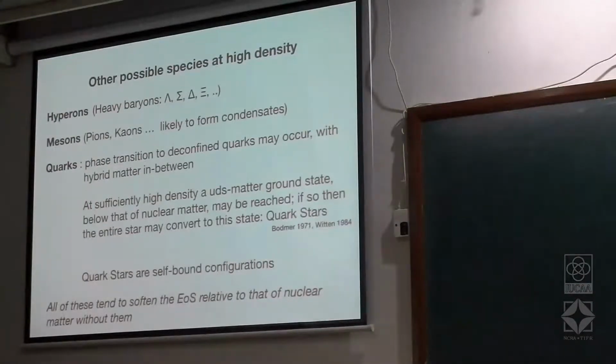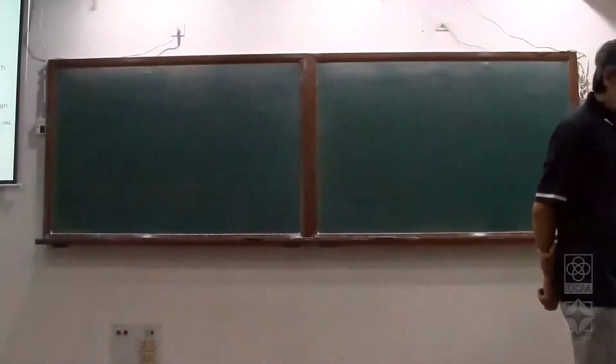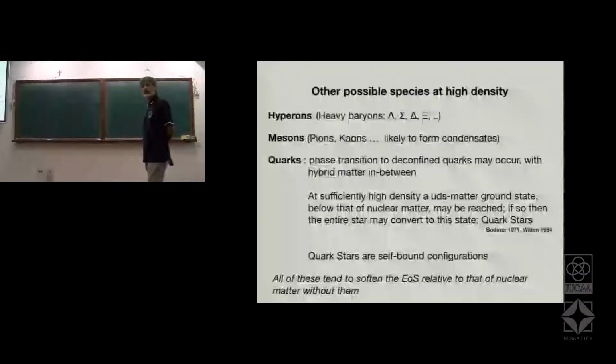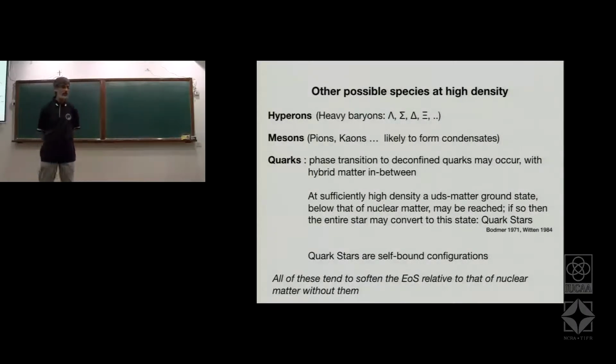And you would have strange quark matter also appear because the energy per baryon has now gone above the strange quark mass. And this combination of UDS matter, people have shown that this could probably be a ground state which is below the ground state of nuclear matter that we know.